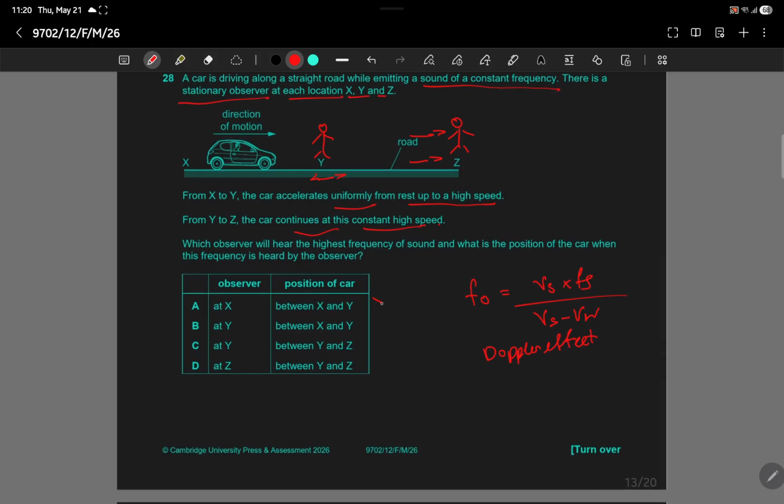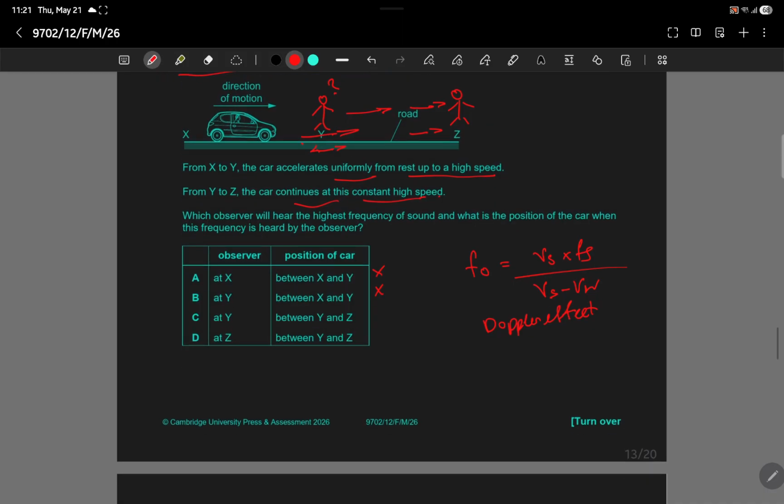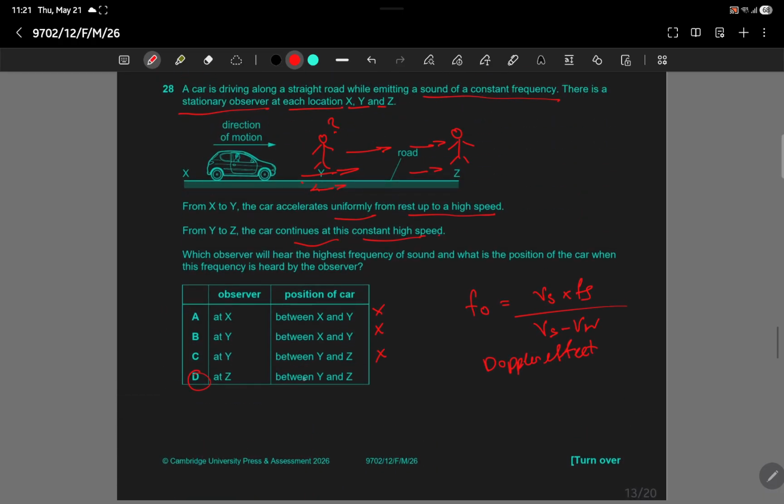So it's going to be at Z, not at X, not at Y. At X the car is moving away, and at Y, because of the high speed, it's going to pass really fast. So this guy will be clueless, like what just happened, while at Z, this guy will hear the sound. So the answer is going to be D, and the position of the car would be between Y and Z when he hears the highest frequency.